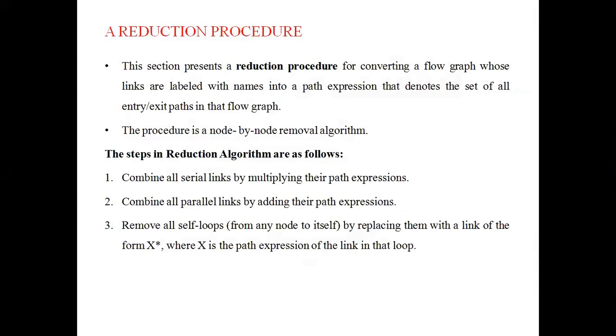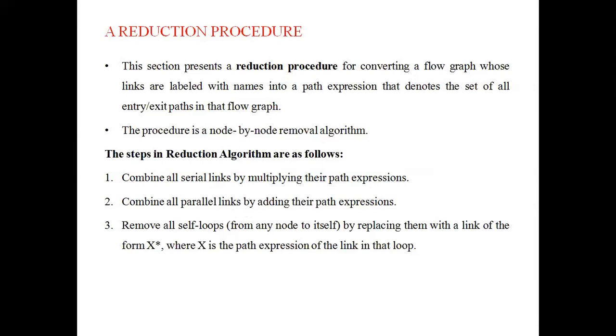If you have serial links with link names A and B, then when representing the path expression, it has to be represented as AB. A into B has to be done. When A and B are parallel links, they have to be added, like A plus B. So serial links are multiplied, whereas parallel links are added.